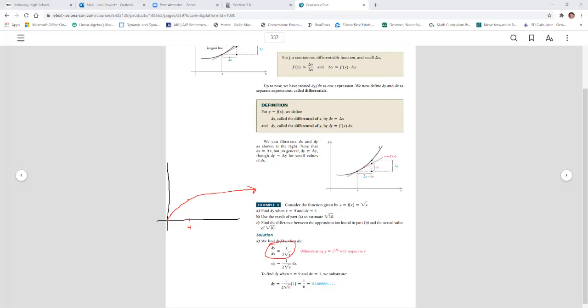So what are we going to take the derivative of? Well, our function is y is equal to the square root of x, and we can write that as y is equal to x to the power of 1/2. Remember, the square root of x is also x to the power of 1/2. If this had been the cube root of x, then we would say x to the power of 1/3.